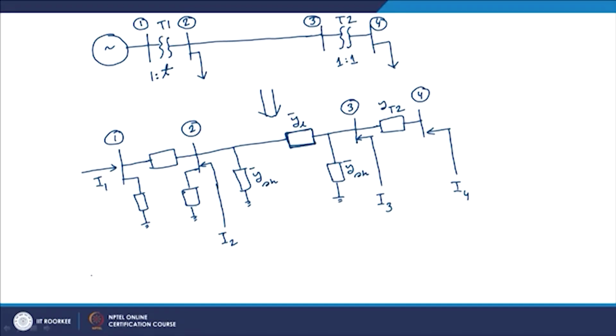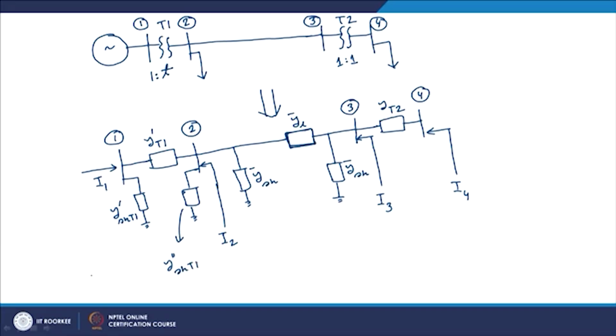So this is Y T2, and this is Y T1 into T. Let us say this is Y dash T1, and this is some other value, Y dash shunt T1, and let us say this quantity is Y double dash shunt T1.